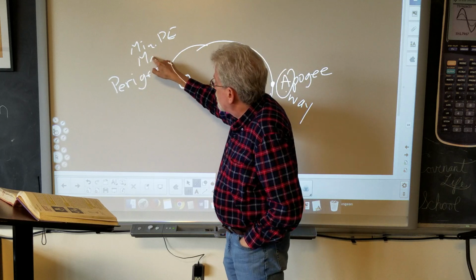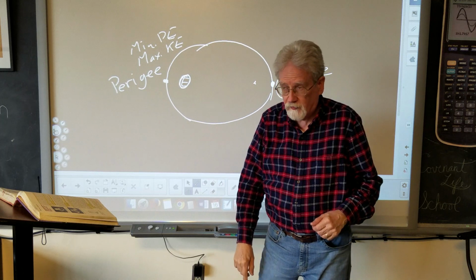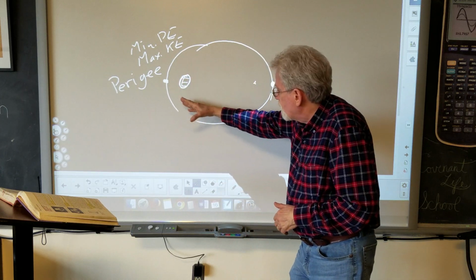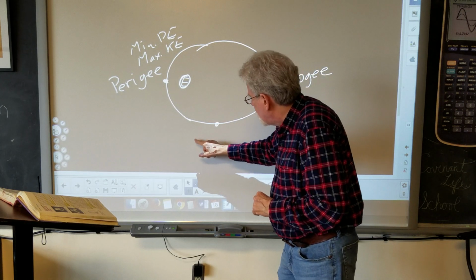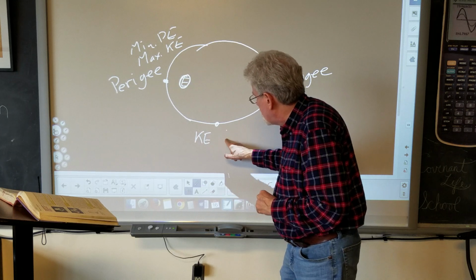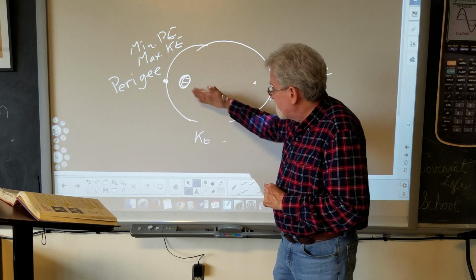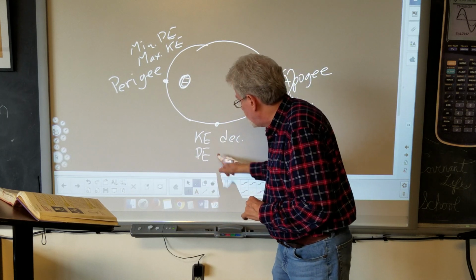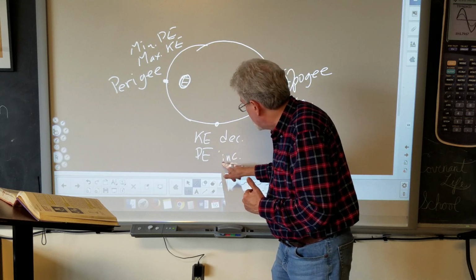It also is maximum kinetic energy. That's where it's moving the fastest. Then it's going to swing around here, pulling away from the Earth, therefore slowing down. So here the kinetic energy is decreasing, while it's getting farther away from the Earth, meaning its potential energy is increasing.